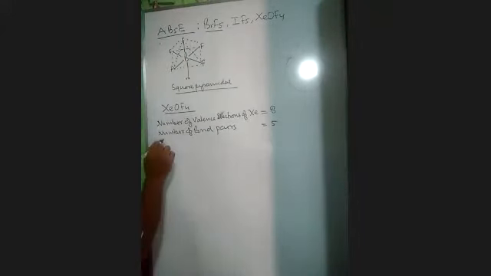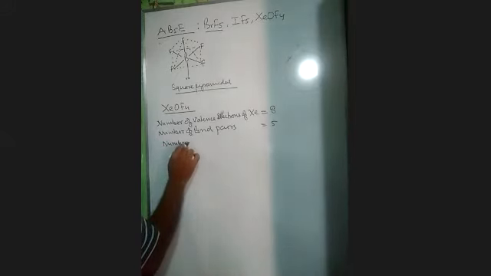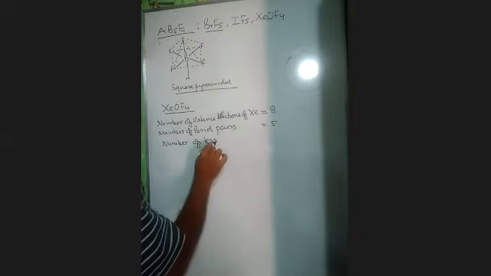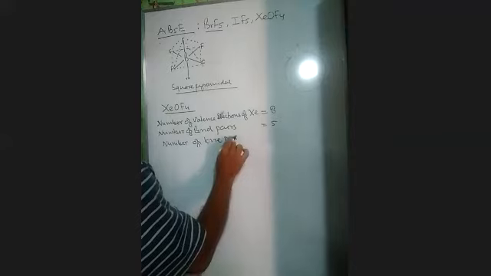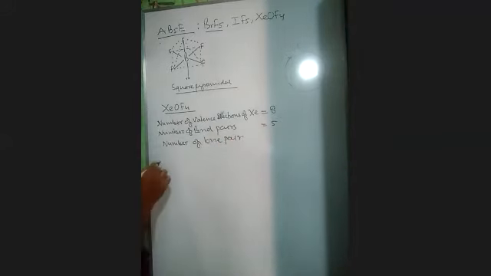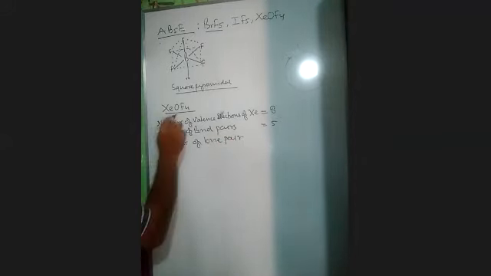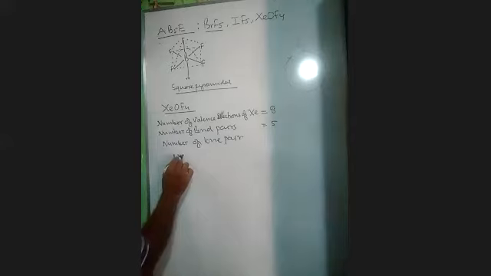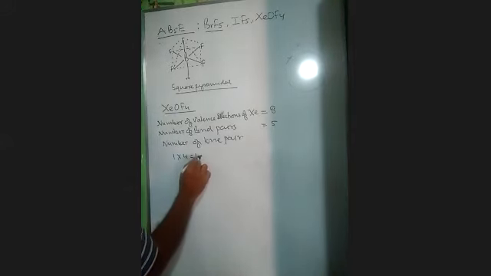Then the number of lone pairs. Here you have to be a little careful. The valency of fluorine is 1, so 4 fluorines have taken 4 electrons.